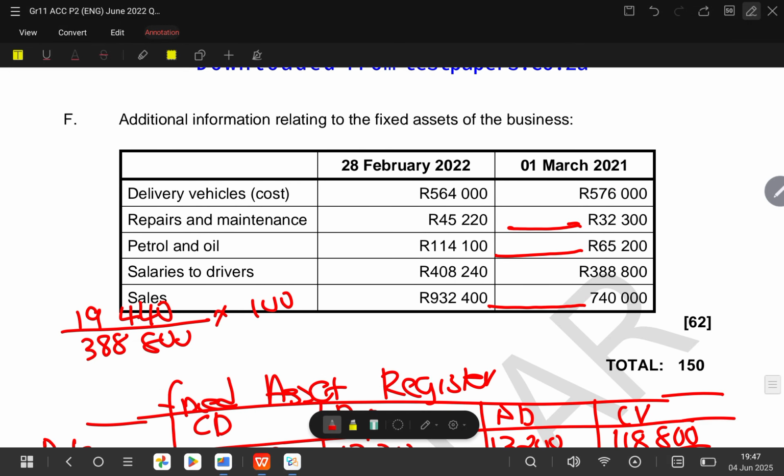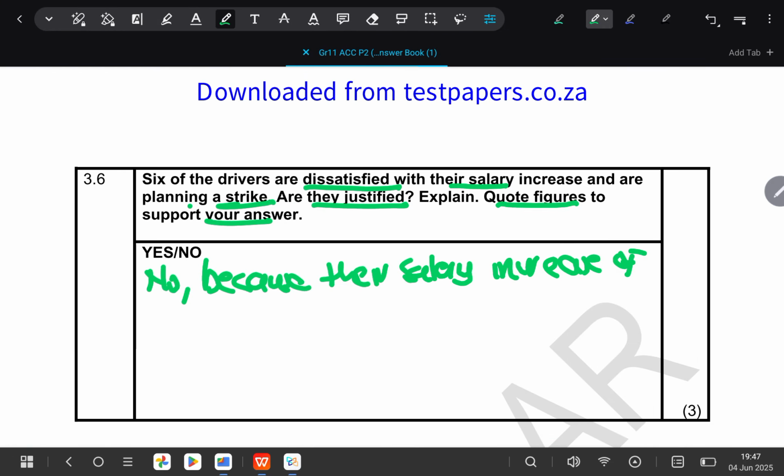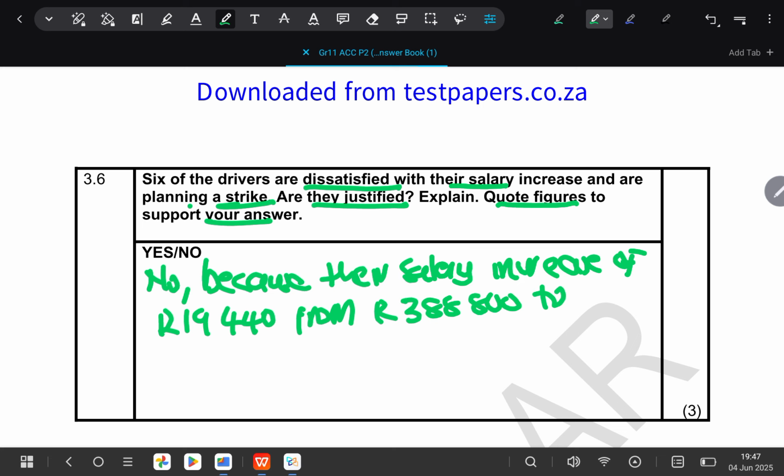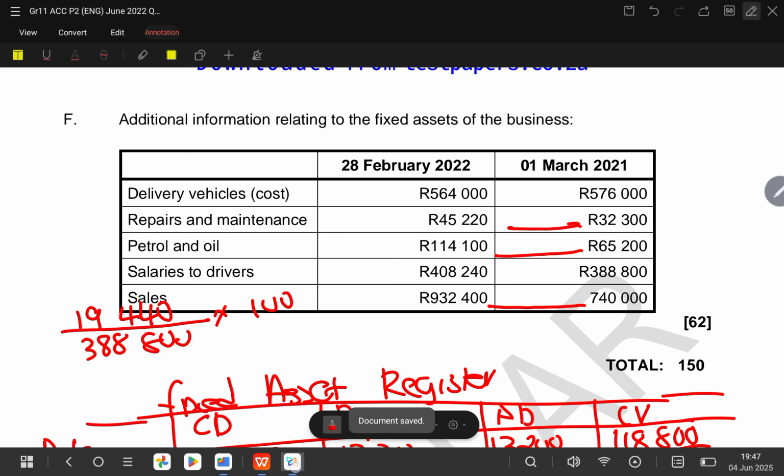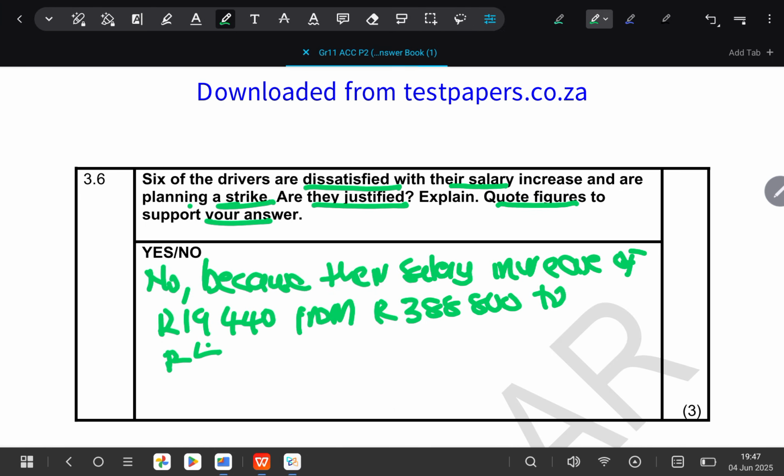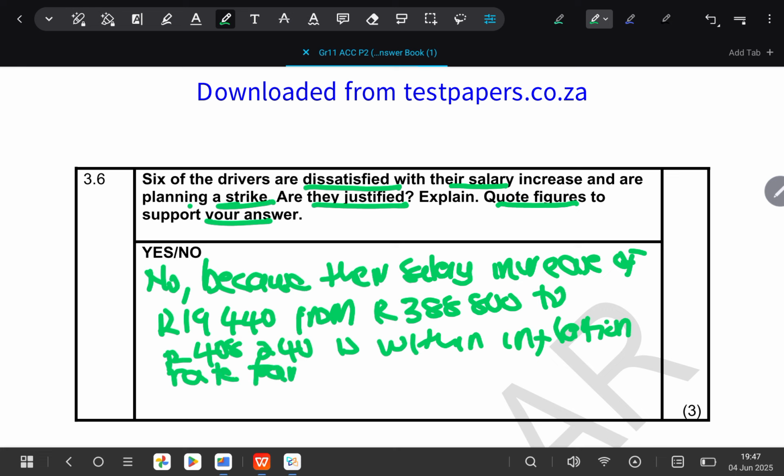So that salary increase of 19,440 from, remember before it was 388,800 to the present salary 408,240, is within the inflation rate target of 3 to 6%.